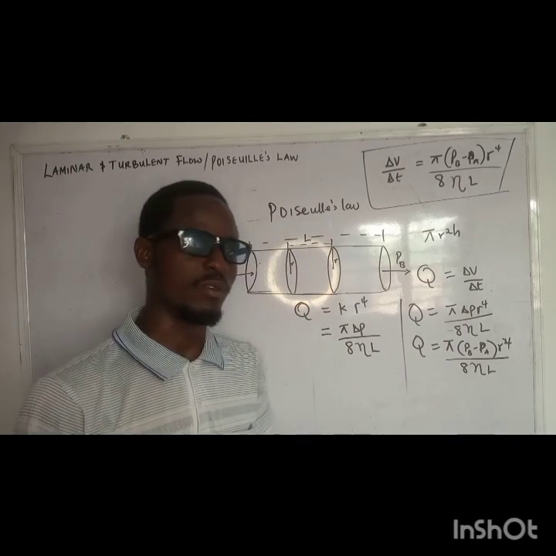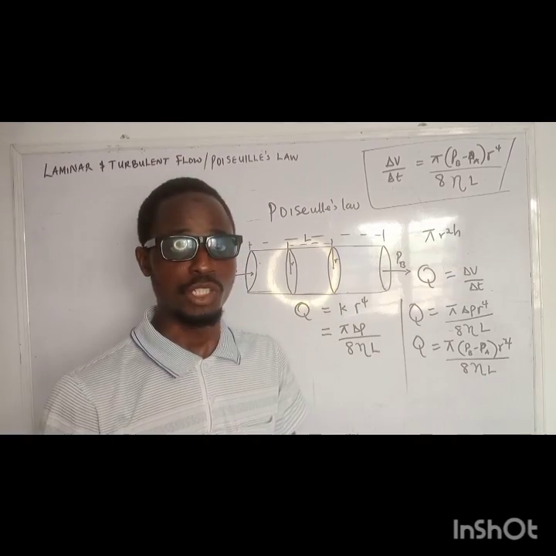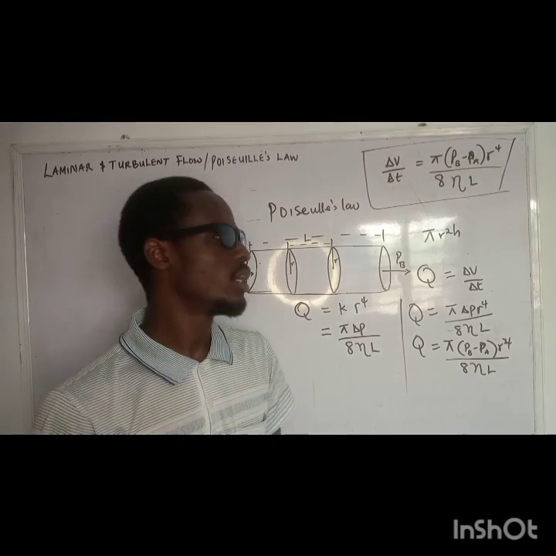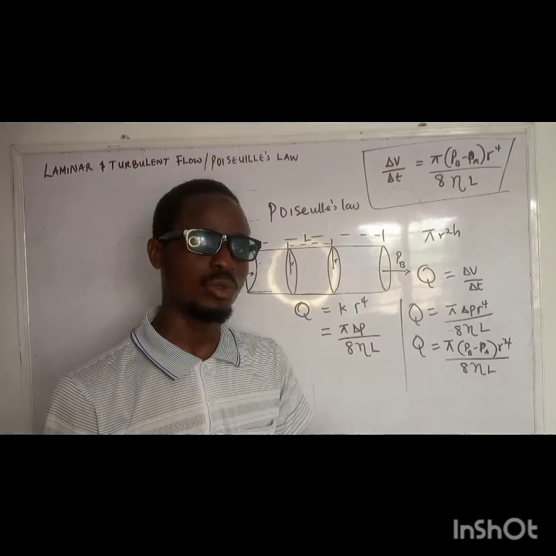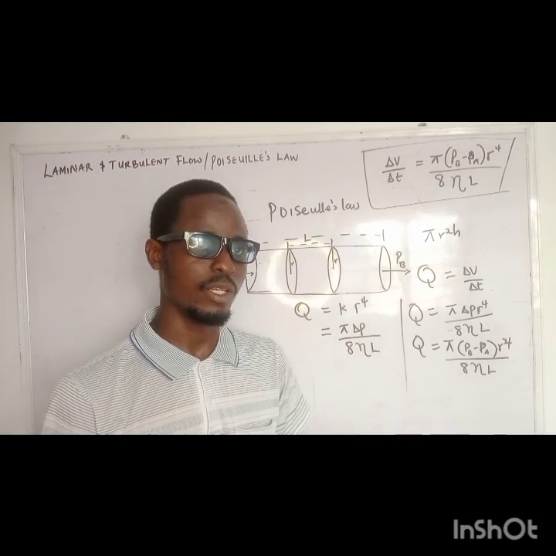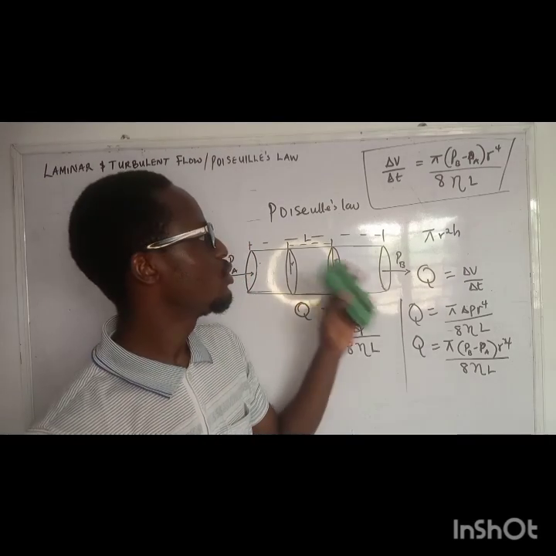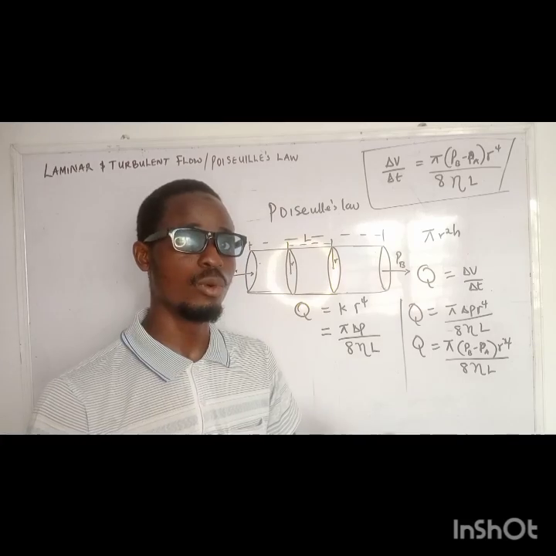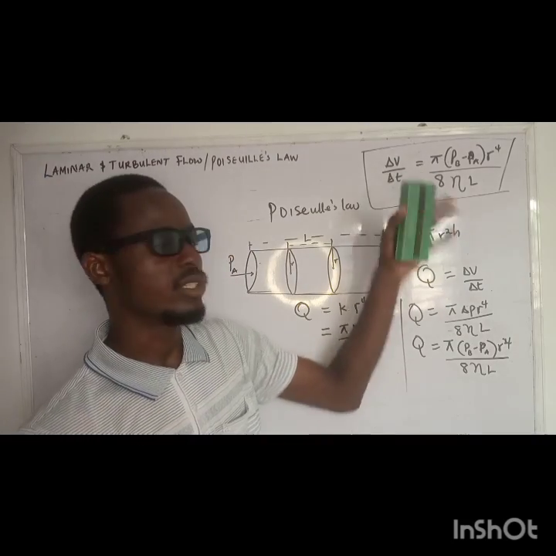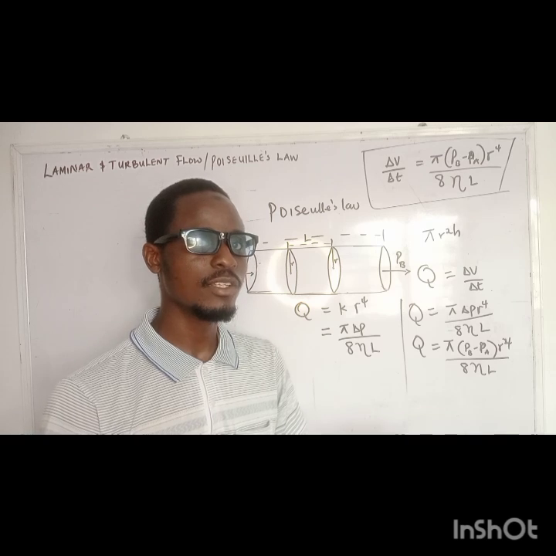What is the significance of this equation? It is applied in a lot of engineering fields, and also in the life sciences, I'm talking about biology or medicine. We could use this to calculate the change in pressure or the flow rate. We can use Poiseuille's equation to calculate the blood flow rate in arteries and veins.